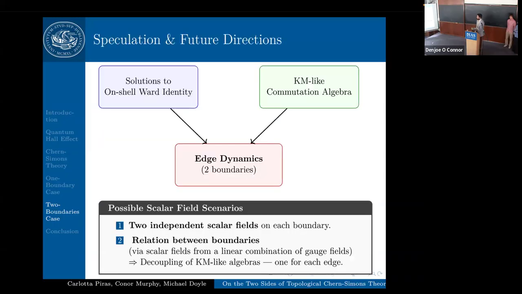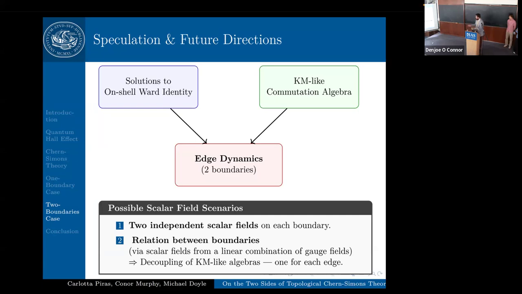So we have some further considerations to explore, which are the possible cases of the solutions to the on-shell broken Ward identity, and the ways that we can localize the Kac-Moody algebra in order to get the edge dynamics.